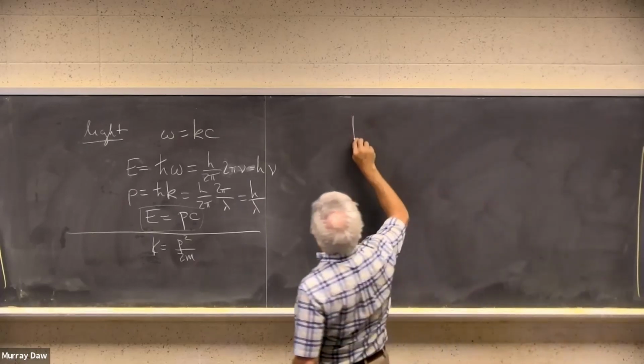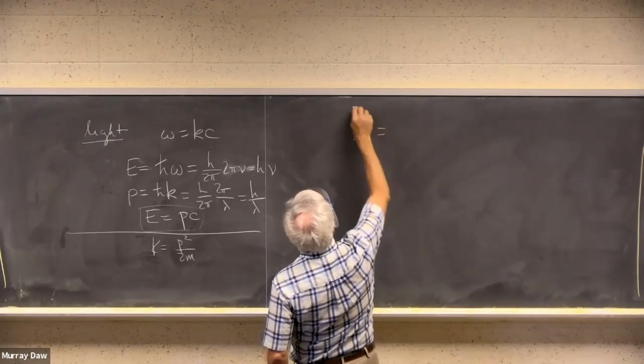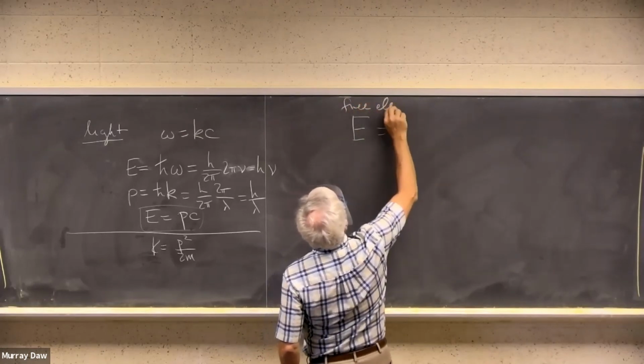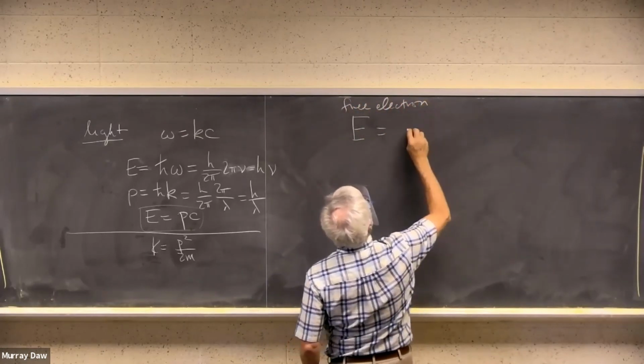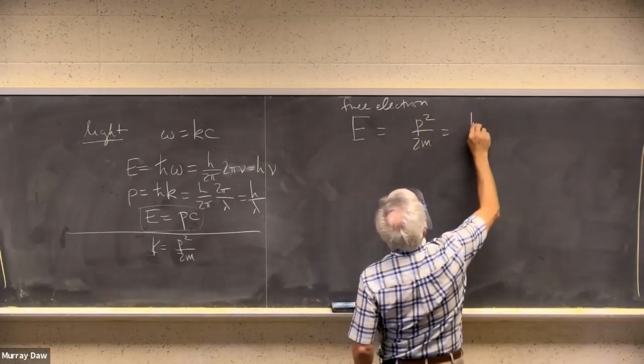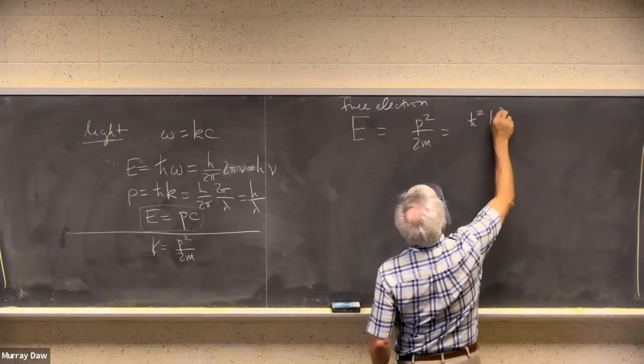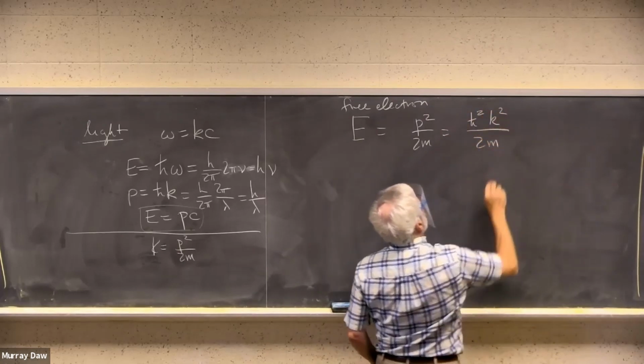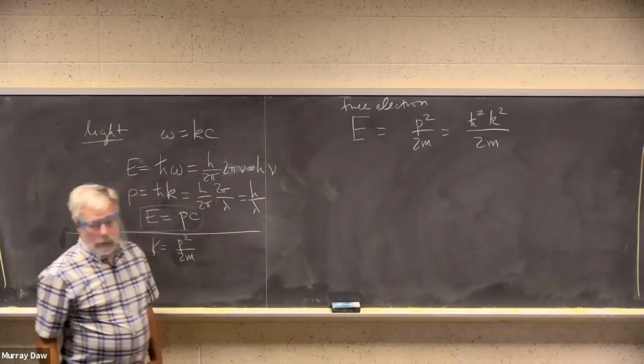So the energy for a free electron is just the kinetic energy. Using the de Broglie relation, we have h bar squared k squared over 2m.